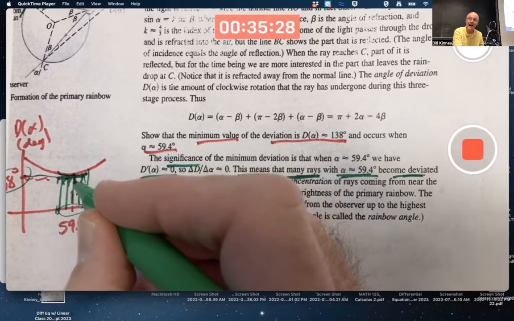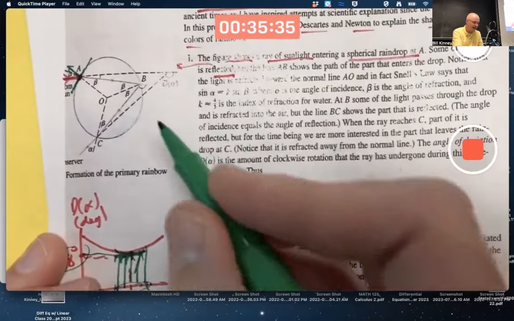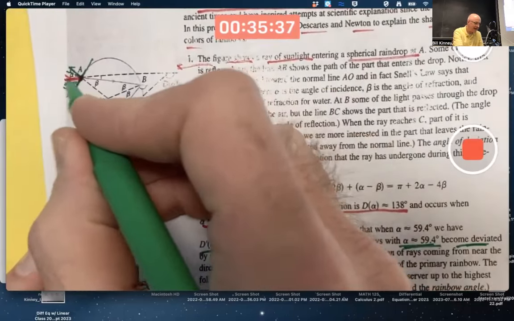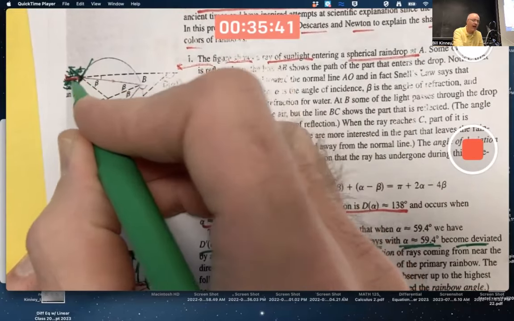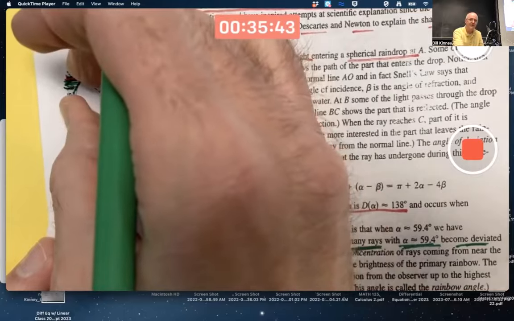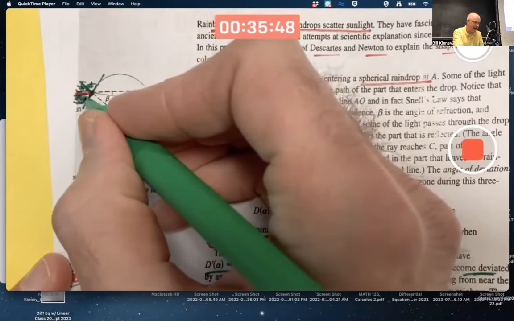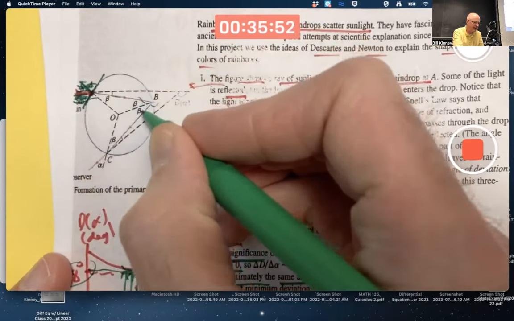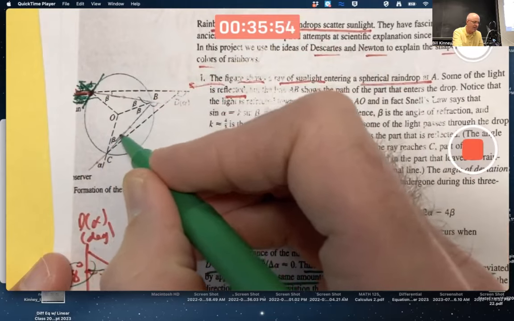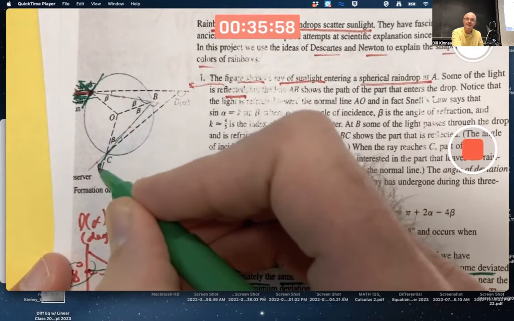The tangent is horizontal. That means for many light rays coming in here, how many light rays? Well, infinitely many. For a certain band of light rays coming in at an angle alpha close to 59.4 degrees, they all end up getting deviated by about the same amount, meaning effectively they come out of the raindrop at about the same spot.